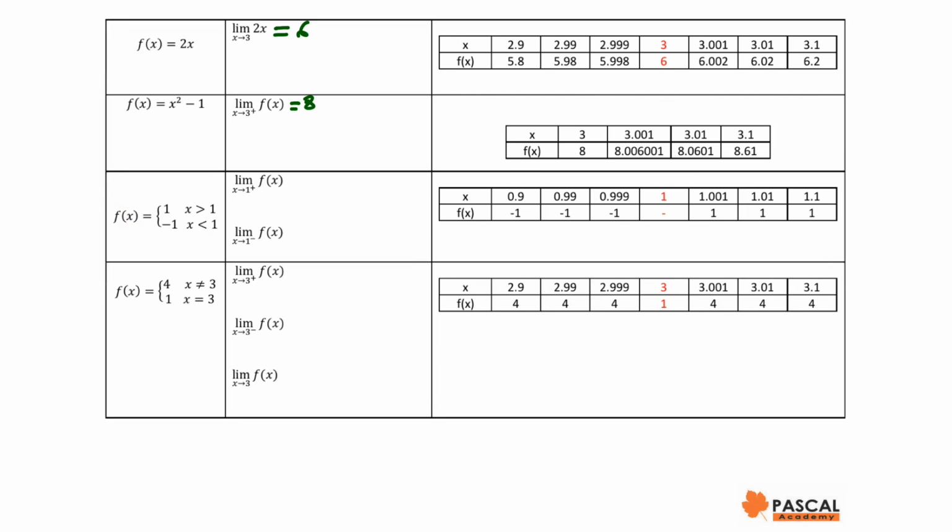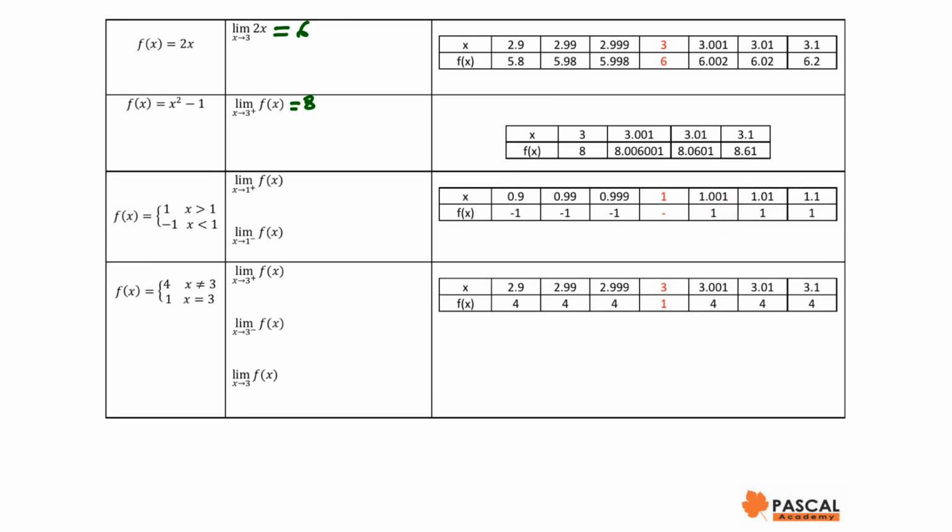f of x equals 1 when x is greater than 1 and negative 1 when x is less than 1. If we evaluate the values of the function at 1.1, 1.01, and 1.001, all three of them are 1.